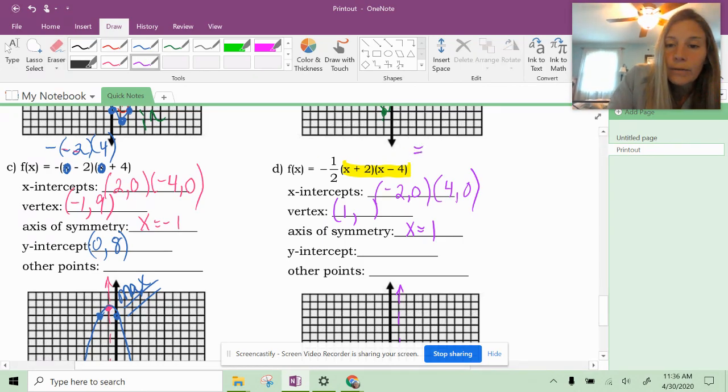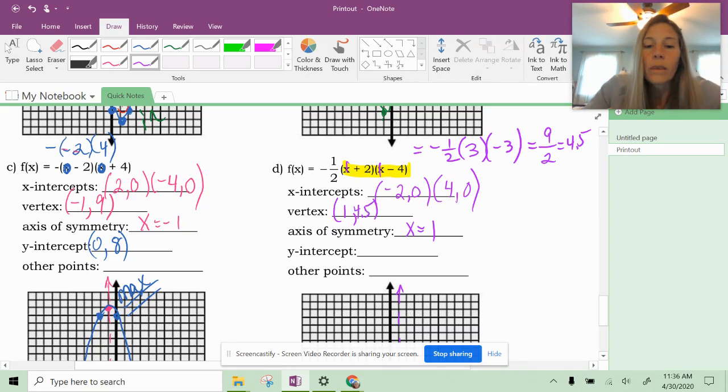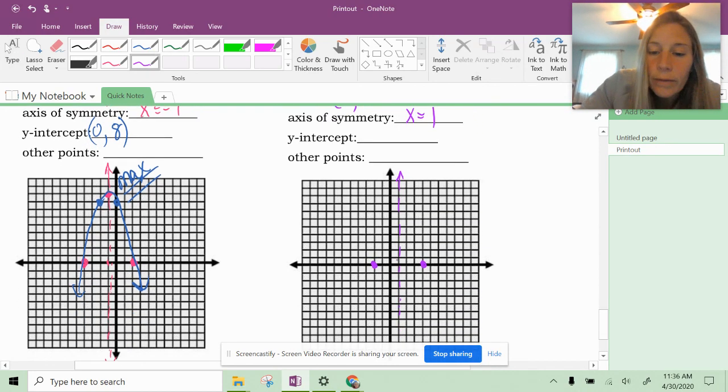So I'm going to have -1/2 times (1 plus 2), which is 3, times (1 minus 4), which is -3. So I end up with 9/2, which is 4.5. So (1, 4.5), so I'm going to go up 1, 2, 3, 4.5 boxes.